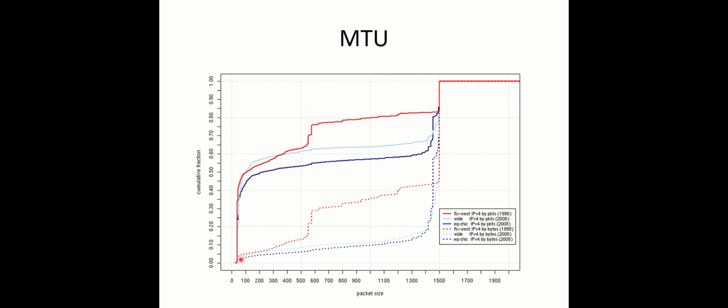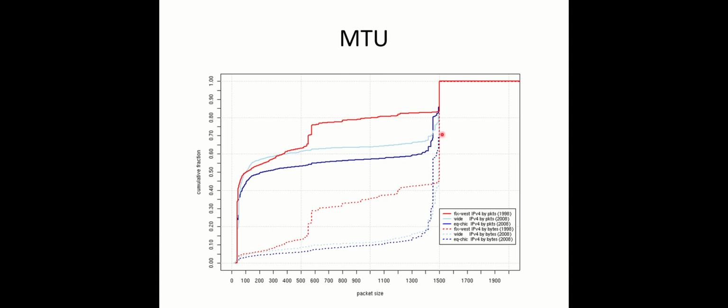Well, this is the cumulative fraction of the packet sizes in the internet. So this is packet size, and this is the cumulative fraction. You can see that many are very small, less than 100 bytes. There is another jump at 576, and finally there is a huge jump again towards 1500 bytes.